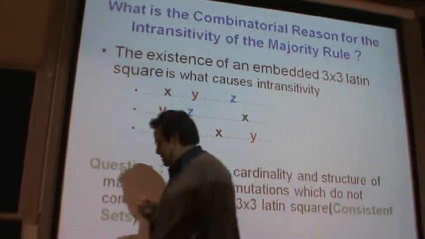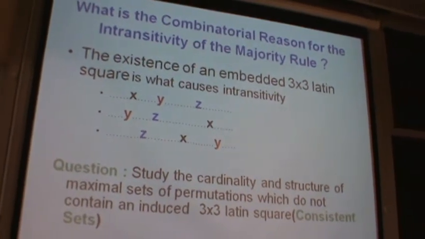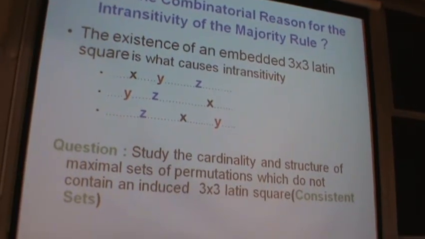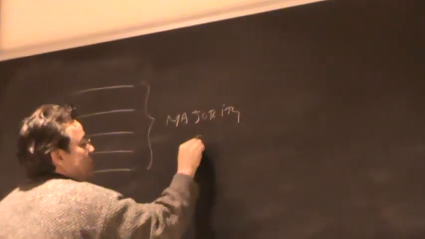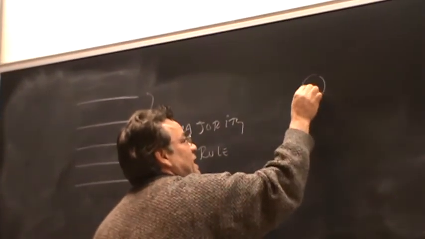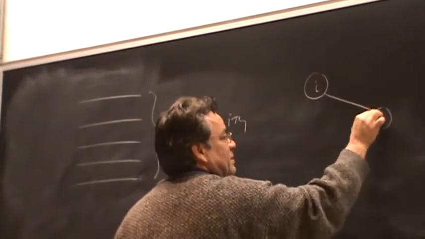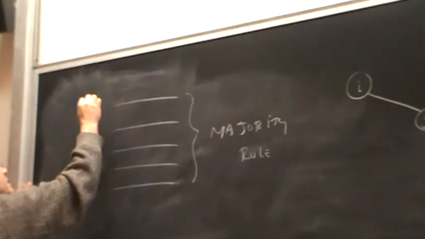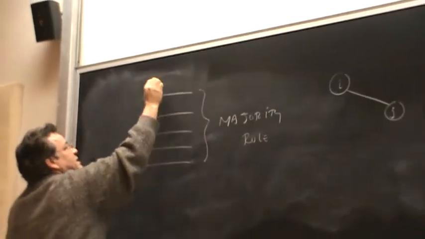So the apparent problem with the majority rule is that you are going to have a collection of linear orders written in one-line notation, and you would like to apply the majority rule to that. What that means is that you are going to create a graph. Each of these is a permutation in the symmetric group.